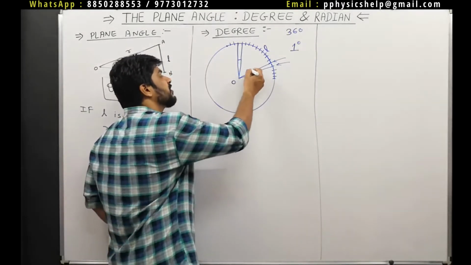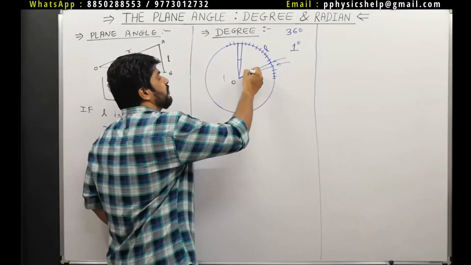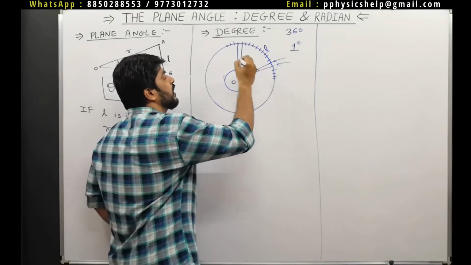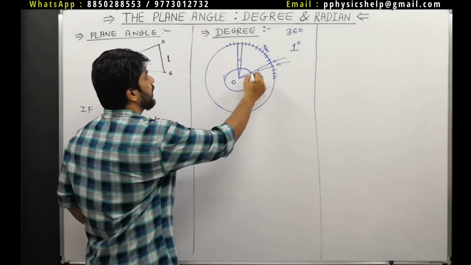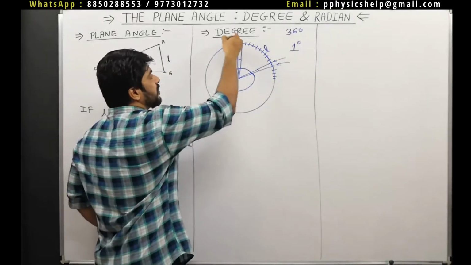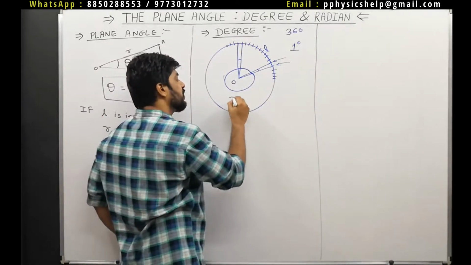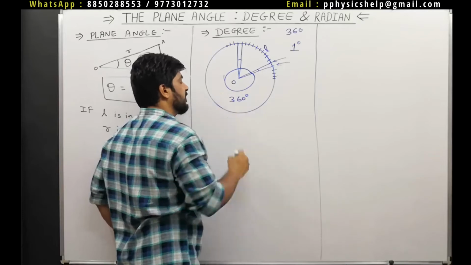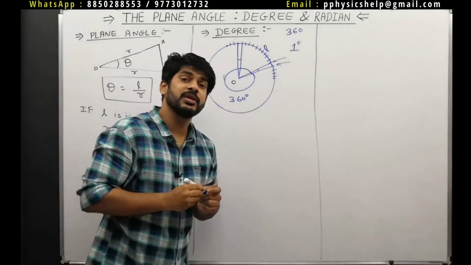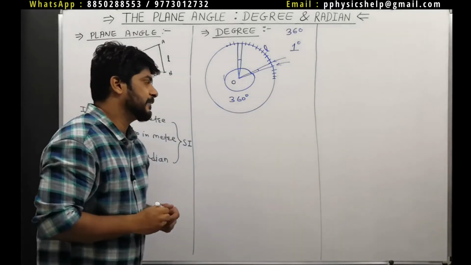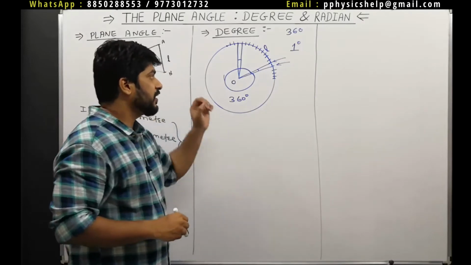Definitely it would be 360. So the total angle subtended by the whole circumference of this circle at its center is going to be exactly 360 degree. This is how we define a degree.